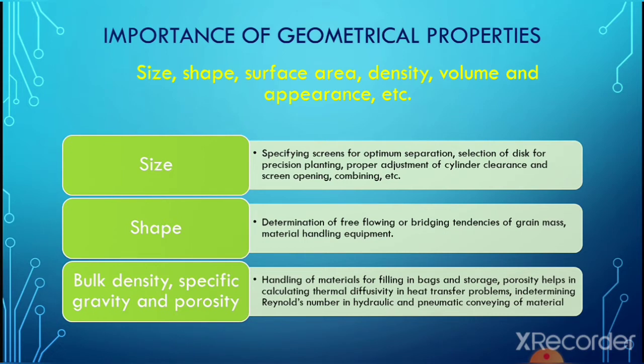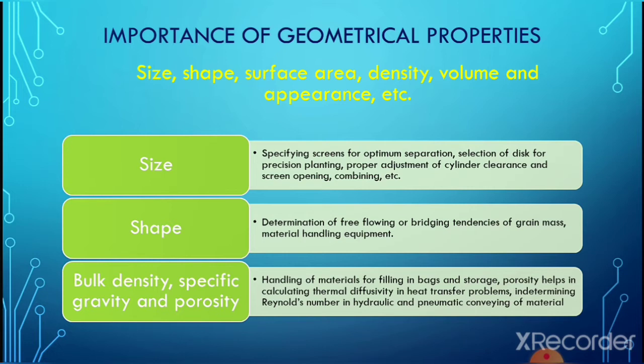So importance of geometrical properties. Geometrical properties include, as we discussed, size, shape, surface area, density, volume and appearance. Size has importance in specifying screens for optimum separation.